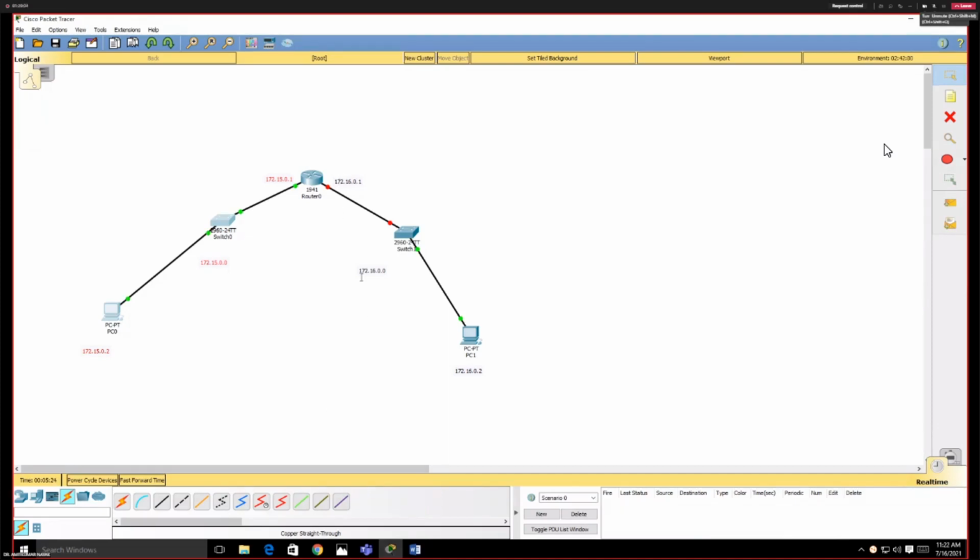No, sir. In LAN 2, it is following network 172.16.0.0. So in LAN 2, the IP address of the host is 172.16.0.2 and the IP address of the router's right interface is 172.16.0.1.